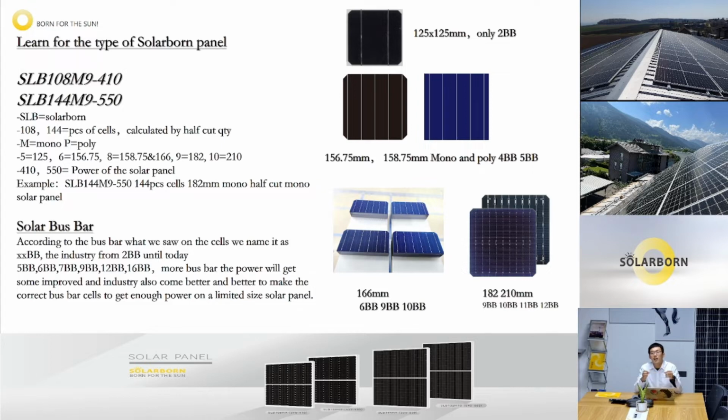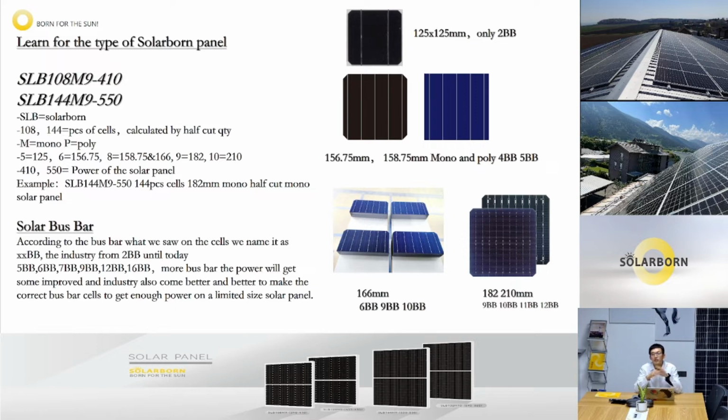If you get our data sheet from our sales manager, you can understand what type Solarborn produced for you. And for the solar bus bar, 10 years ago, like the 125 millimeter, only 2 bus bar, 2 BB, and came to the 156 and the 158.